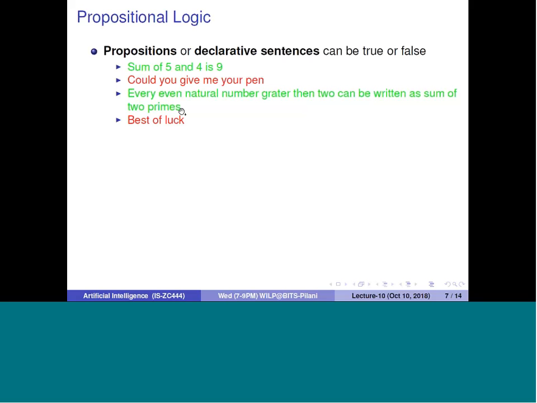I don't know the right answer, but I know that it could be true or false only. Can you understand this part? So therefore it is a declarative sentence or proposition.